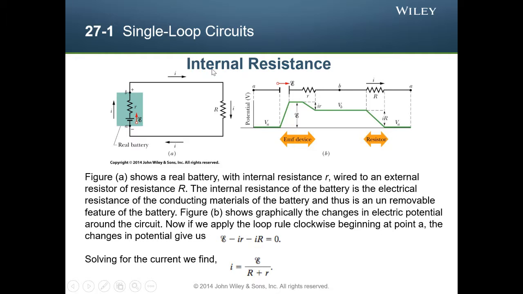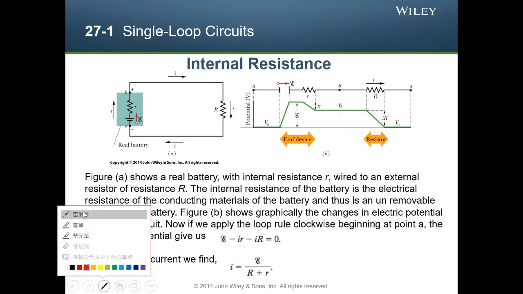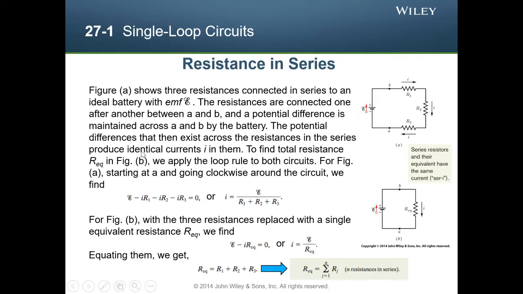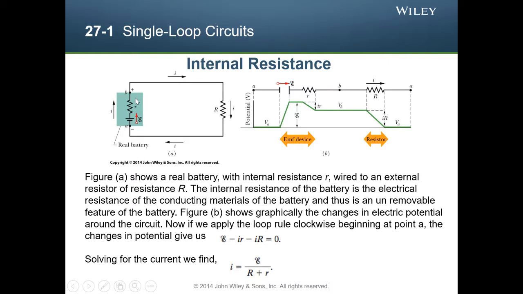Actually, it tells you about the internal resistance. So a real battery can be equivalent to an ideal source in series with an internal resistance, which is usually a small resistance, a few ohms.